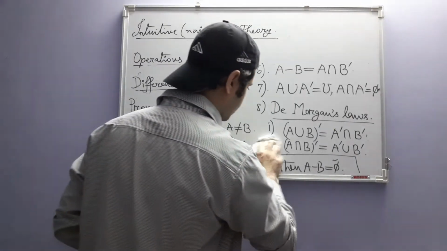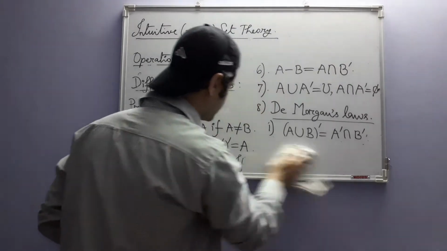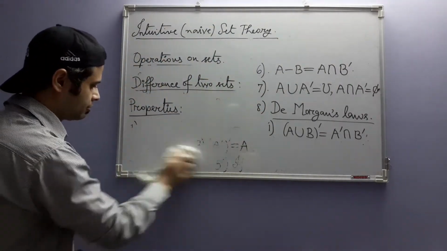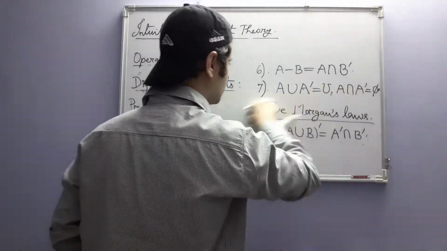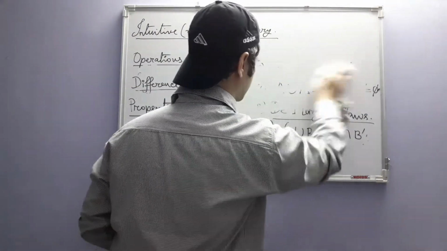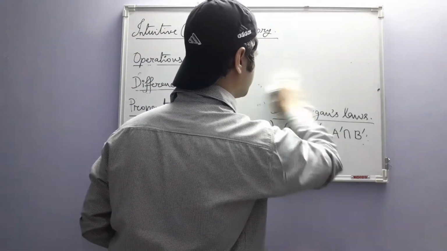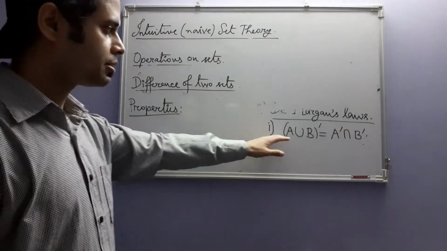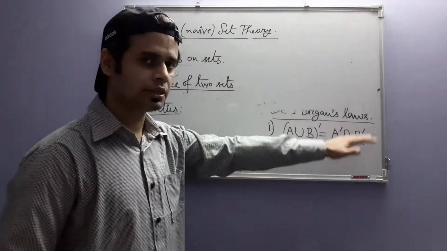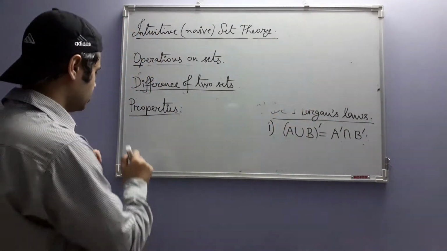So I decide to prove only this one, only one De Morgan's law. As usual, proving means you have to show this is a subset of this and this is a subset of this.